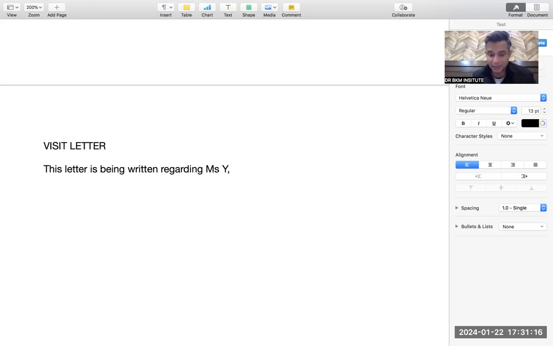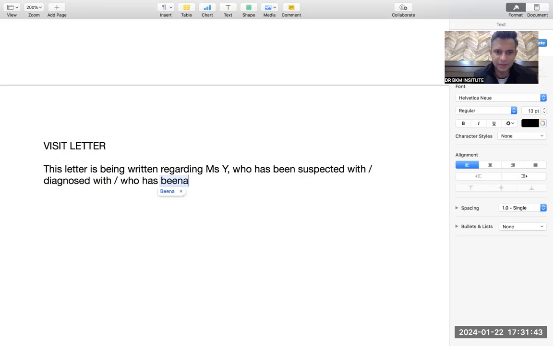This letter is being written regarding who has been suspected with, if a question mark is given. If a question mark is not given, who has been diagnosed with, if a diagnosis is given. If the word assessment is given, then you will say who has been assessed with. Make it simple again. Who has been assessed with.